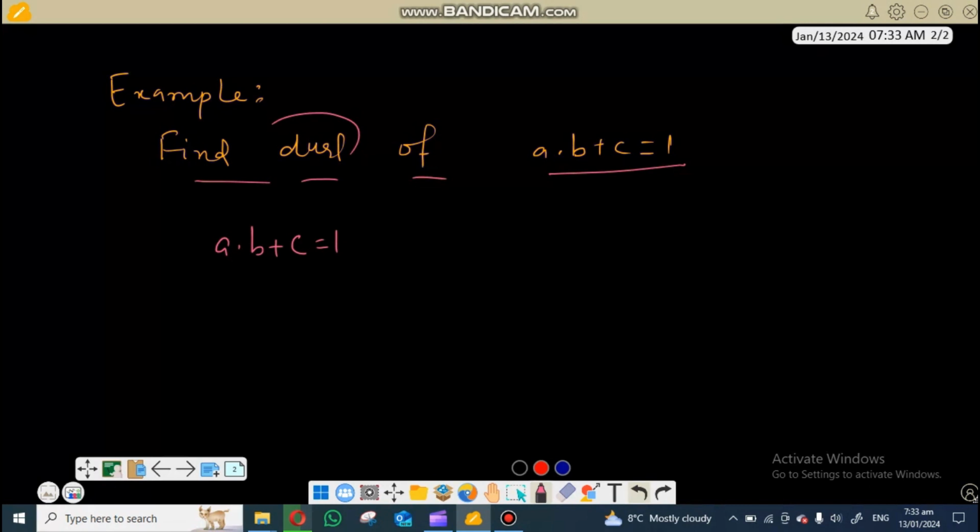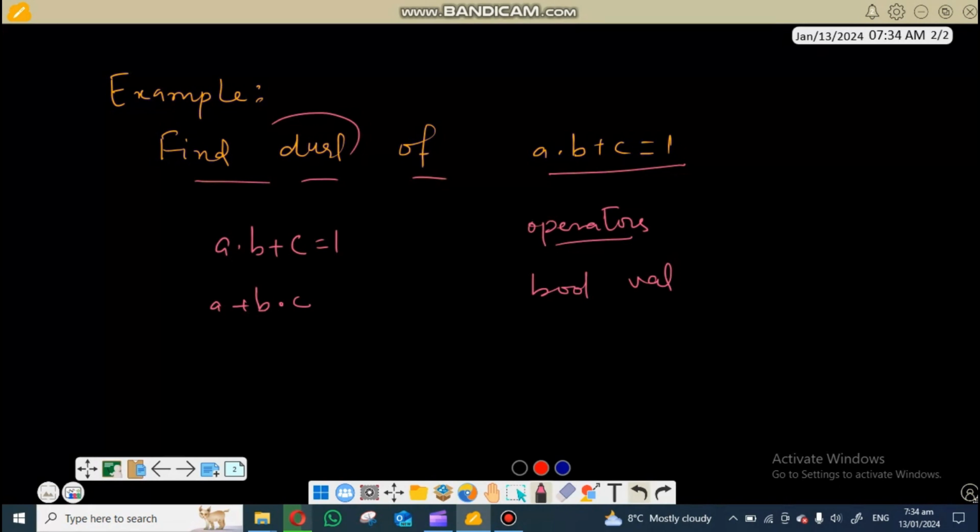To find the dual, we need to first interchange the operators, and then interchange the Boolean values that we have. So first let's change the operators. I have a dot here, so I'm going to interchange it with plus, and I have a plus here, so I'm going to interchange it with dot. The other variables will remain in their place because these are not Boolean values; these are variables, and we don't know their value.